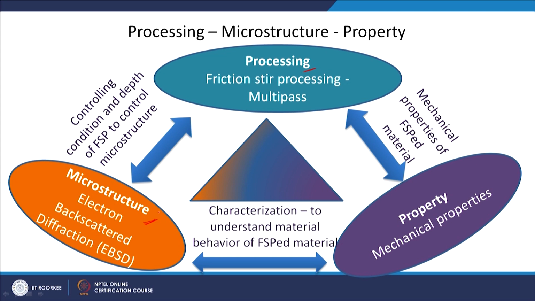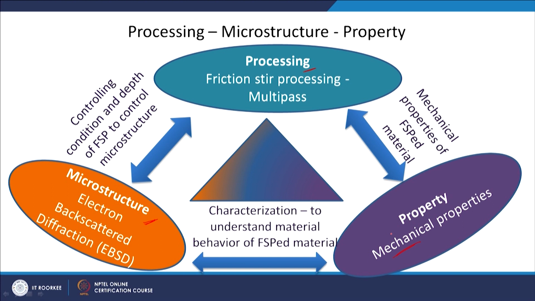So there will be a change in the microstructure. You can use certain techniques to characterize the microstructure. And the property which you are going to check is usually mechanical property, because we are looking at structural materials.